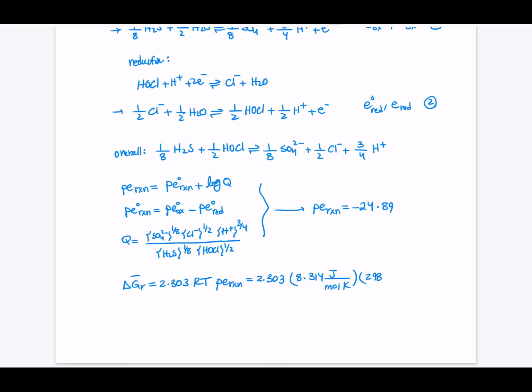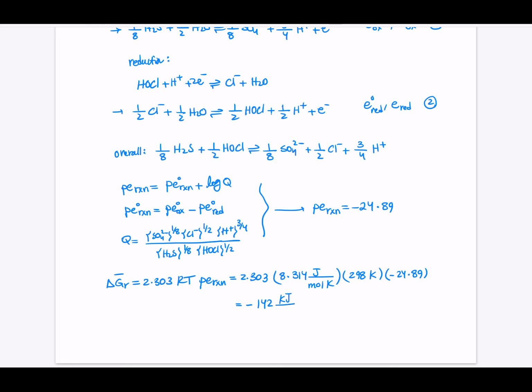Temperature 25, so it's 298 Kelvin. And the pE value, minus 24.89, gives minus 142 kilojoule per mole.